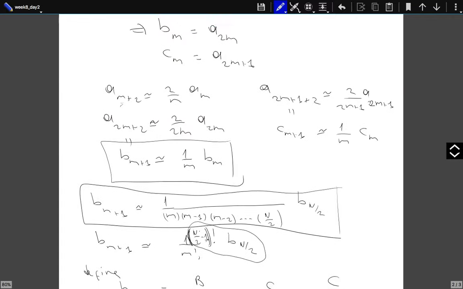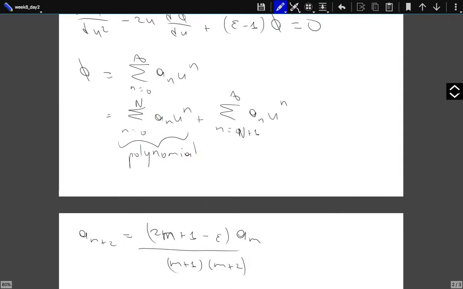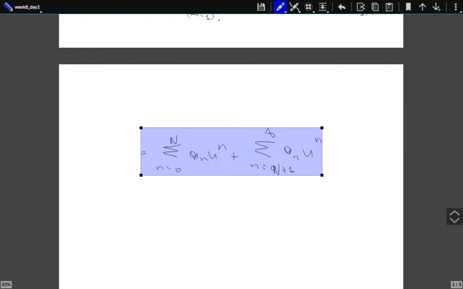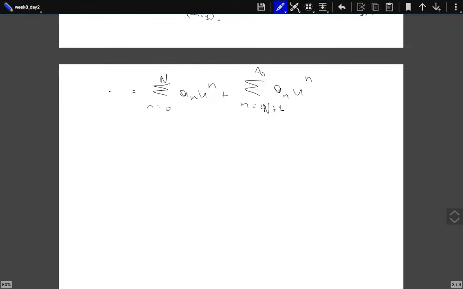Now let's go back to my phi. This is my phi. Sum over n from 0 to n of a_n u^n plus, let's say, here in this term, I take the even terms and the odd terms.